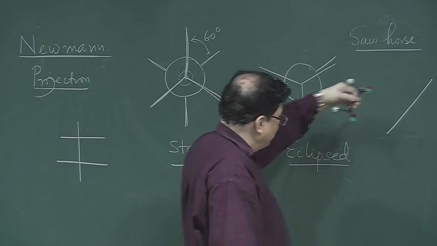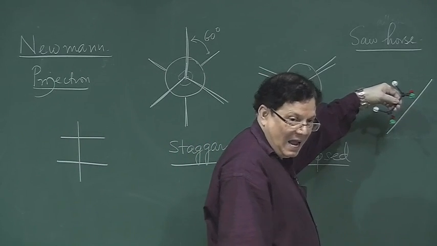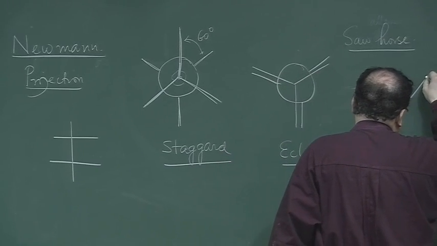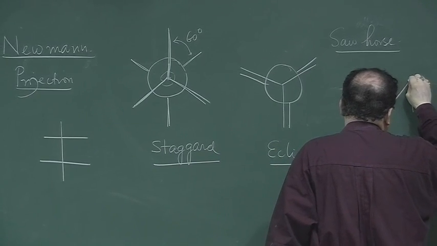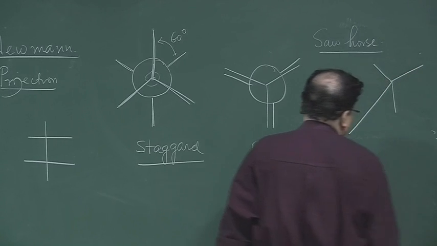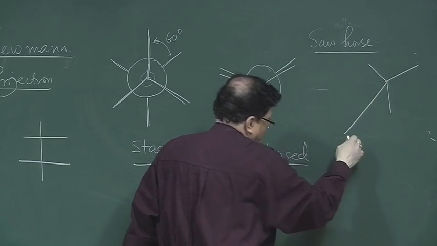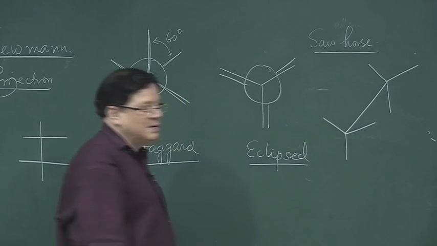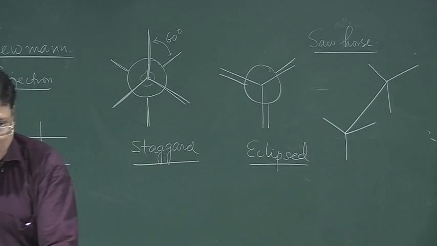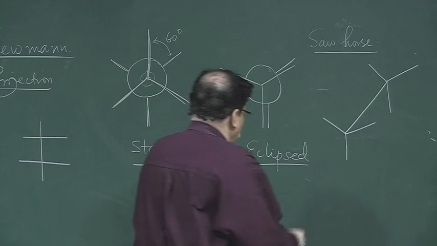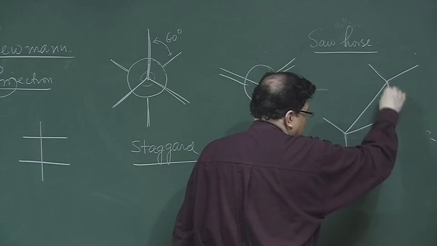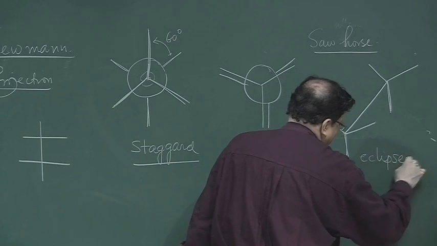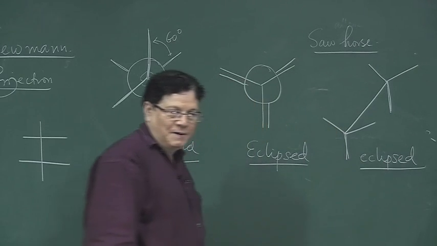In Sawhorse formula, you put it at an angle and then draw the other 3 bonds attached to it. So, this is the carbon carbon bond and the other 3 bonds will look like this. So, this is the Sawhorse representation, where this bond is eclipsing this one. So, that is the eclipsed form in Sawhorse.